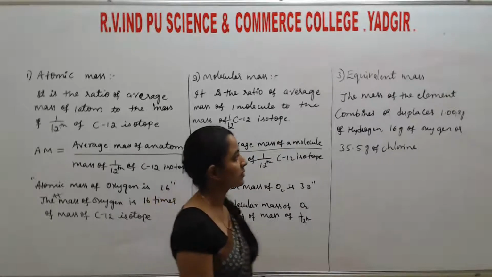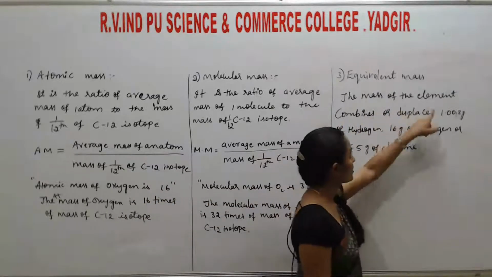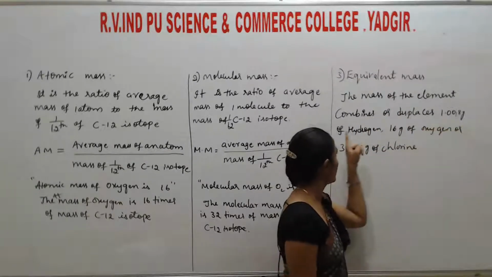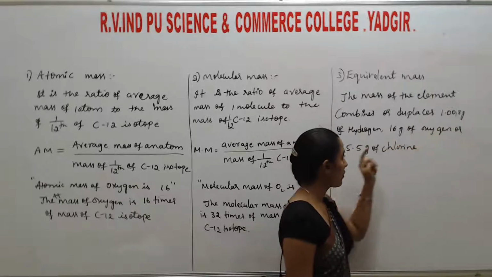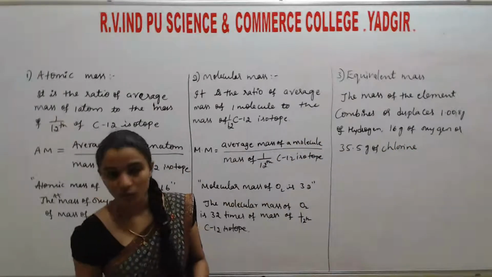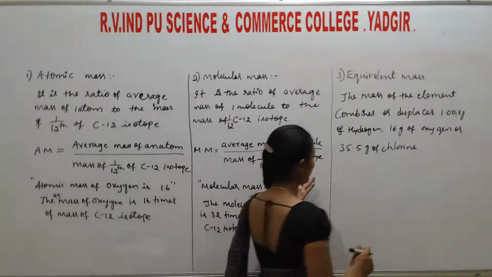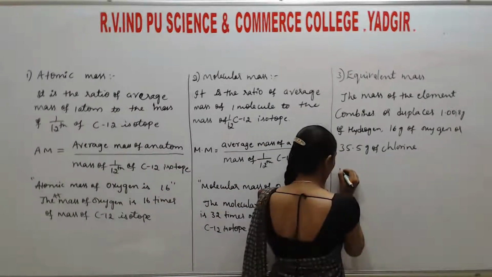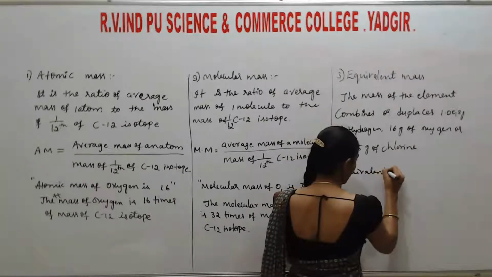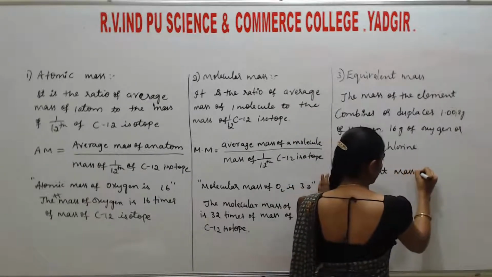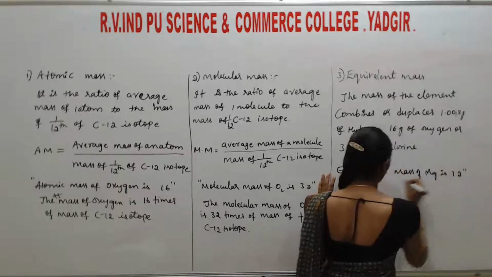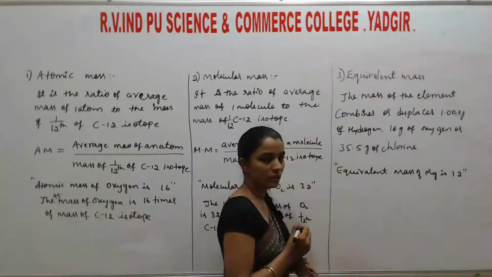The equivalent mass of the element is defined as the mass of the element combined or displaced with 1.008 gram of hydrogen, 16 gram of oxygen or 35.5 gram of chlorine, that is called the equivalent mass of the respective element. For example, equivalent mass of magnesium is 12. What it means, students?